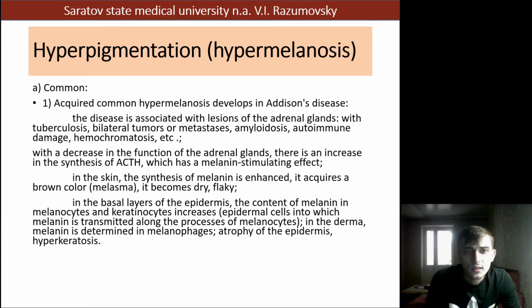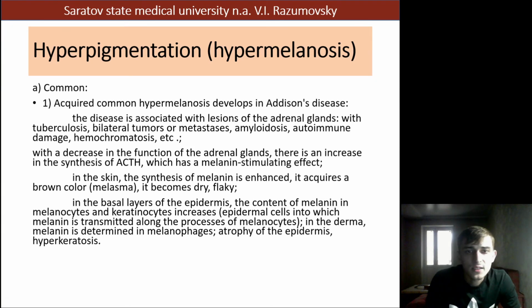With the disease, decrease in the function of the adrenal glands, there is an increase in the production of ACTH, which has a melanin-stimulating effect. In the skin, the synthesis of melanin is enhanced. It acquires a brown color. It becomes dry and flaky.